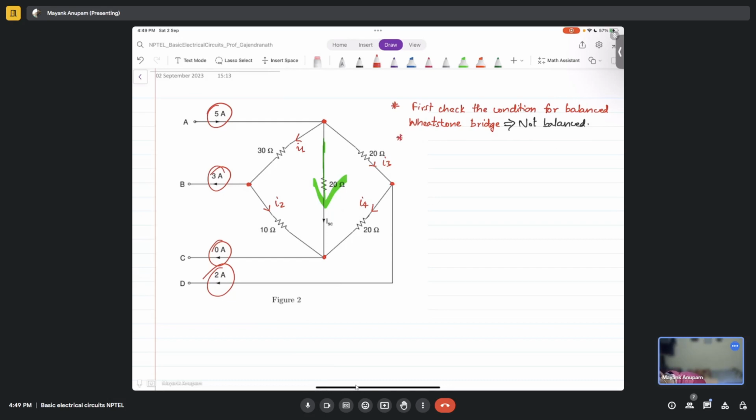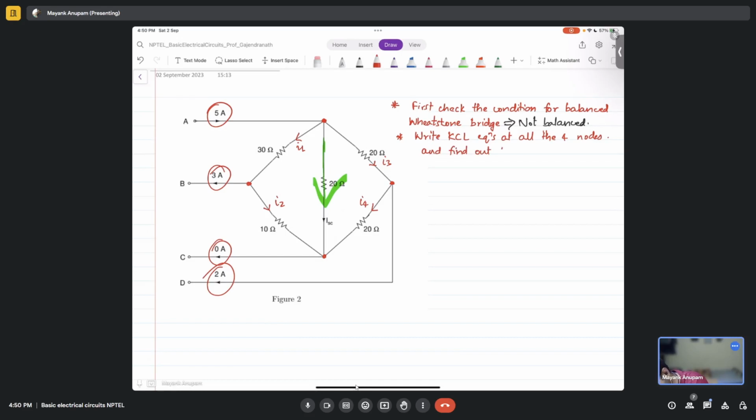So the second case is: write KCL equations at all the four nodes and find out I1, I2, I3 and I4.